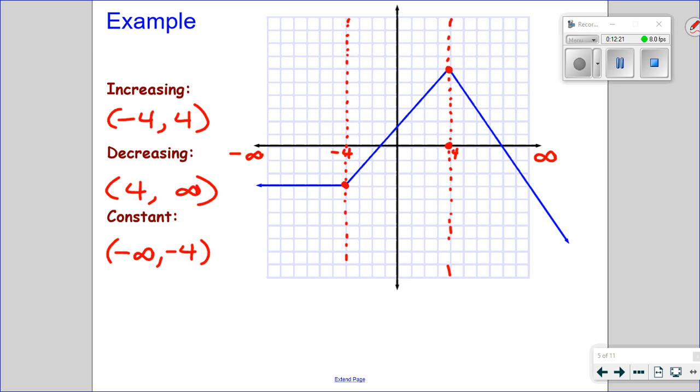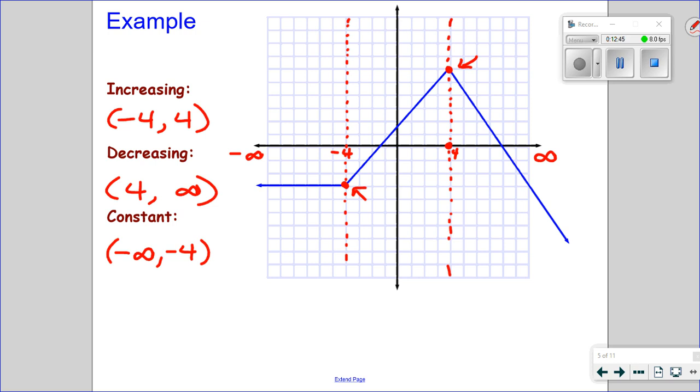Okay. All right, the other thing I want to emphasize, or you may have noticed, is that I use parentheses with all of these intervals. The reason that I did that is because at this point and this point, that is where a change is happening.